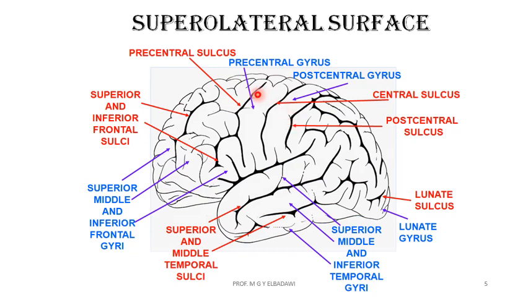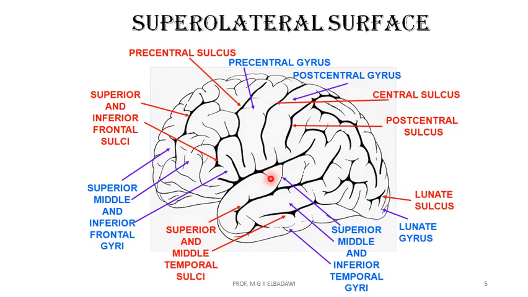So we have 3, the precentral sulcus, the central sulcus, the post-central sulcus, with two gyri, the precentral, which is the motor area, and the postcentral gyrus, which is the sensory area.